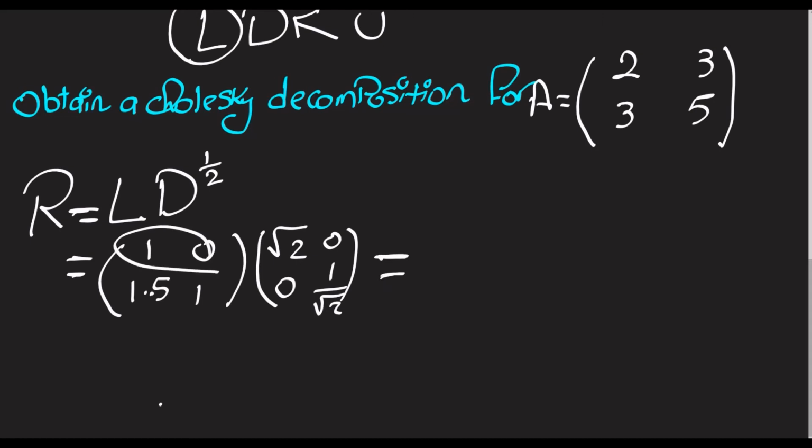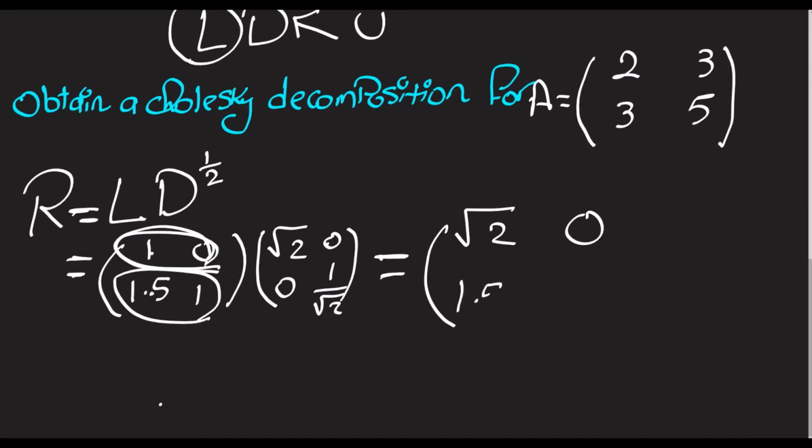So we got the first row by the first column. This gives us root 2. Then the first row, second column is going to be, so 1 multiplied by 0, and then 0 multiplied by 1 over root 2 is just 0. Then we got 1.5 multiplied by root 2 is 1.5 root 2, and then we've got 1.5 multiplied by 0 and 1 multiplied by 1 over root 2.